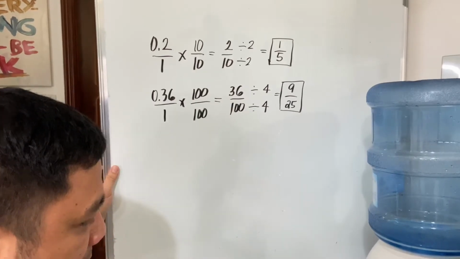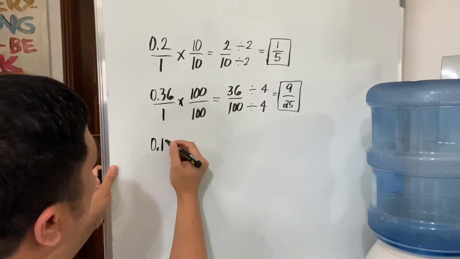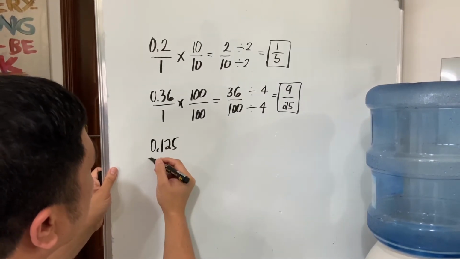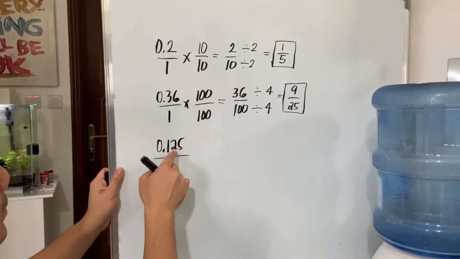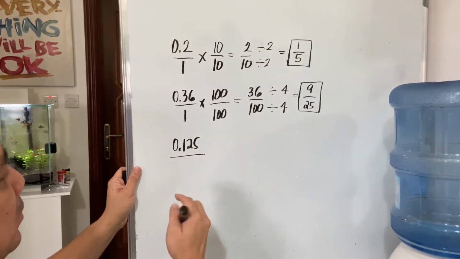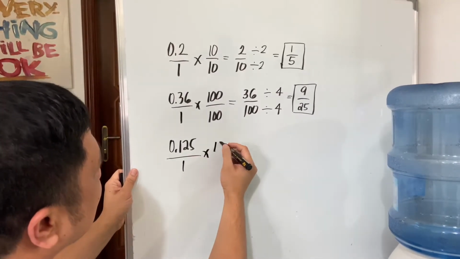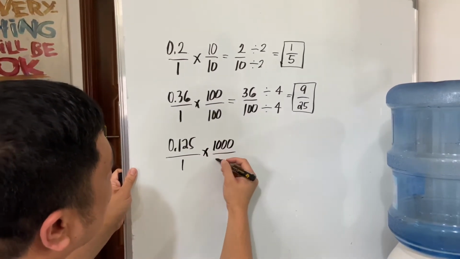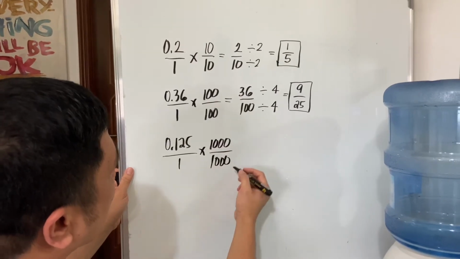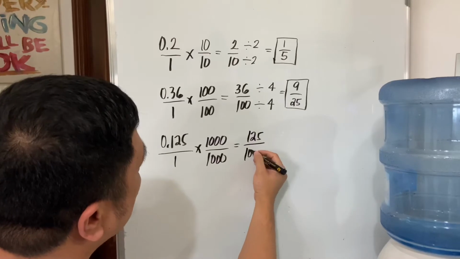Let's try another one. If I have 0.125, in this case 5 is in the thousandths place, so you have to multiply both numerator and denominator by 1000 over 1000. So in this case you have 125 over 1000.